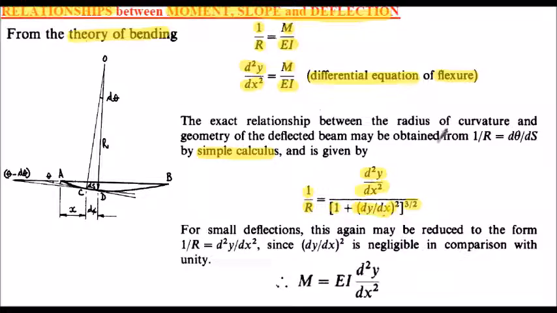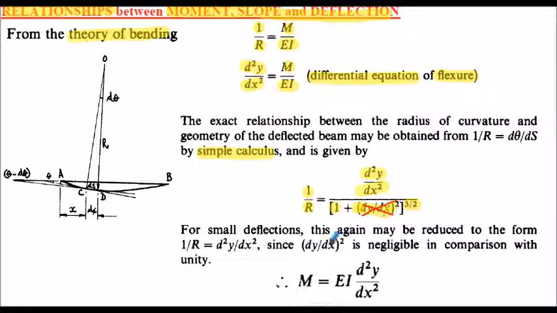One of the assumptions made in this equation is that second order terms, so the (dy/dx)², are very small. So this expression is ignored as being negligible. That means the entire denominator becomes 1, because 1 to the power 3/2 is 1. So we end up with 1/R equal to d²y/dx².